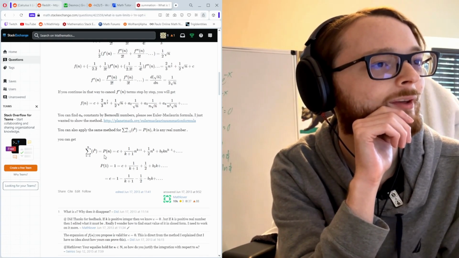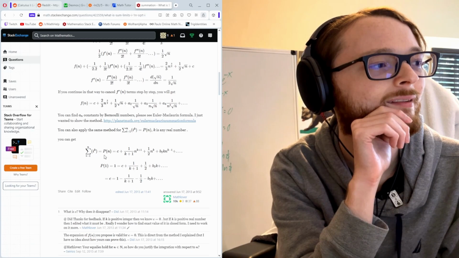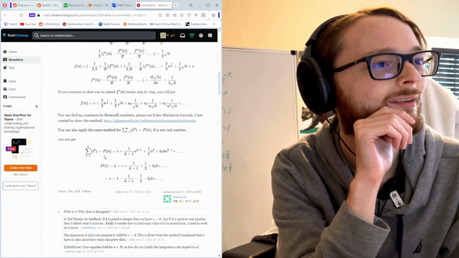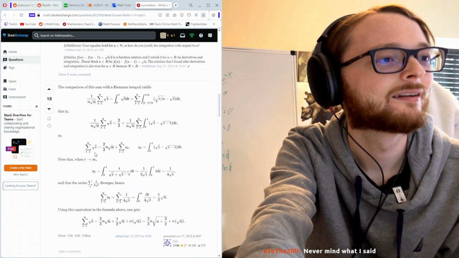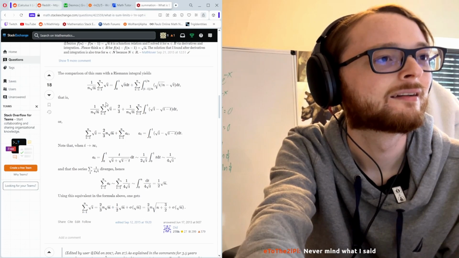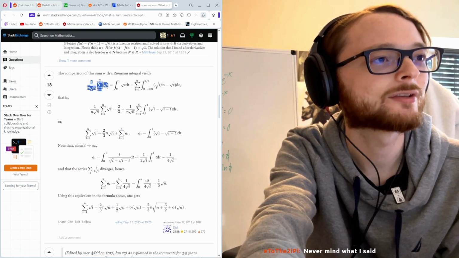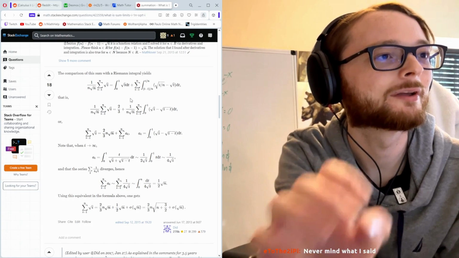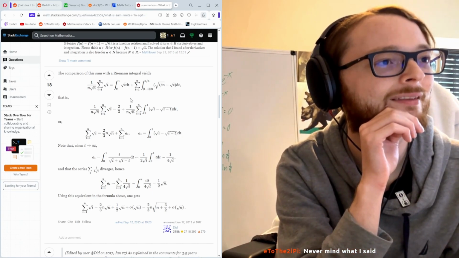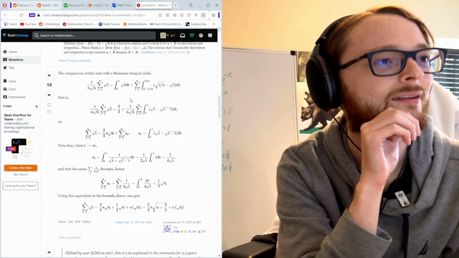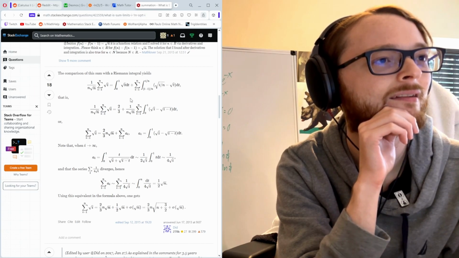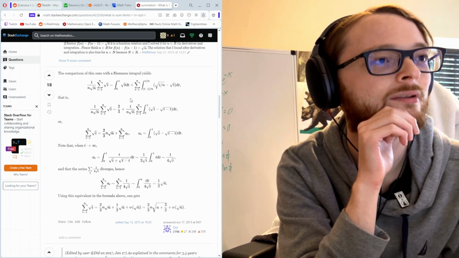Okay, it feels weird that I'm not seeing it. Okay. Wait, this is actually the exact problem the other person is working on. Yeah, it's an interesting thought, but the square root I think does mess it up. Comparison to someone with the Riemann integral.